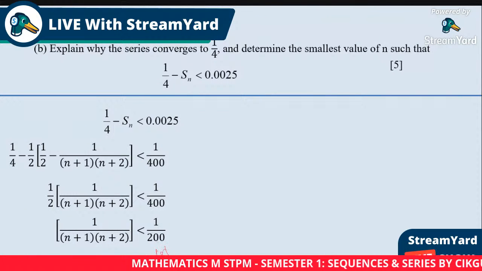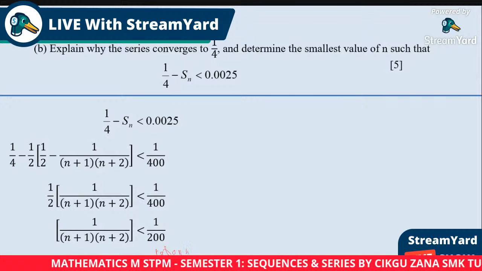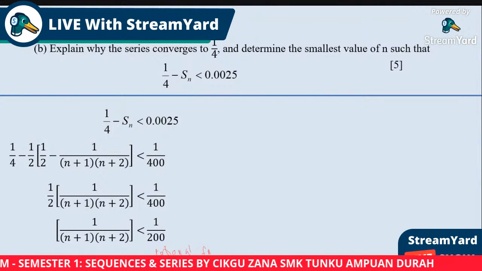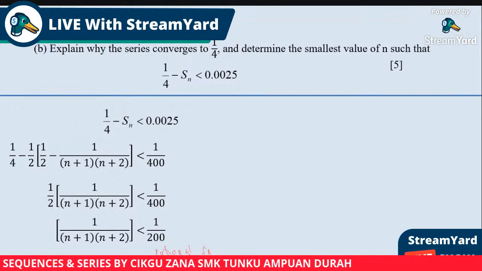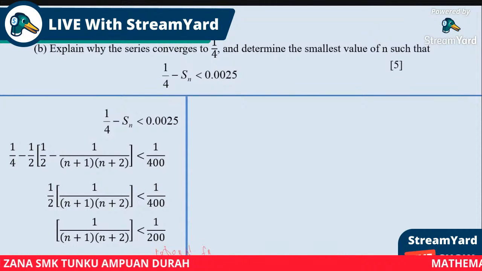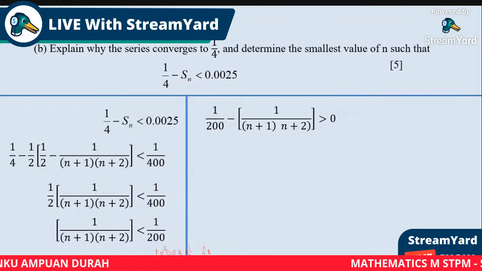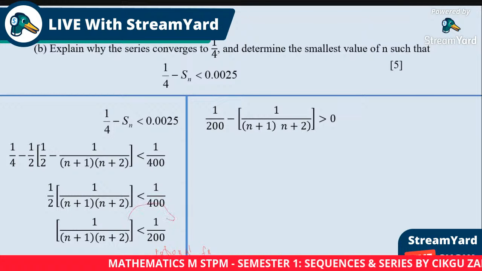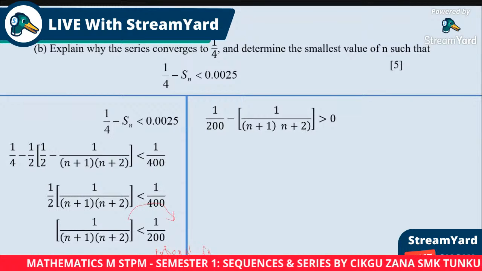What did I mention about finding the inequality of a rational function? You cannot cross multiply. Many cross multiplied. So I bring my 1 over 200 here, so it is greater than 0.